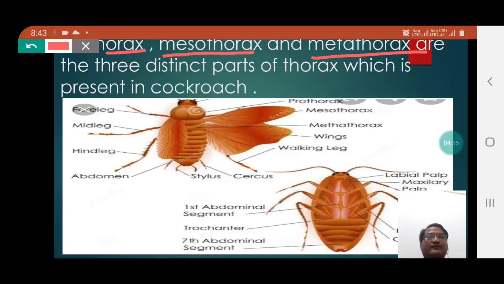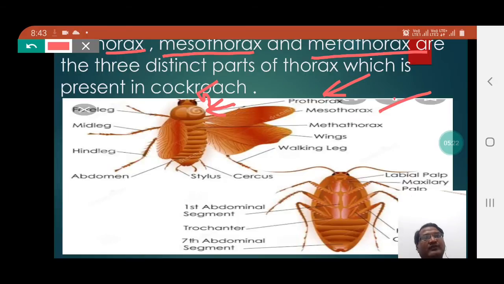Prothorax, which you can see here in this picture also, is the part of the thorax which is directly connected to the head in the dorsal region and which is connected to the metathorax in the ventral region.